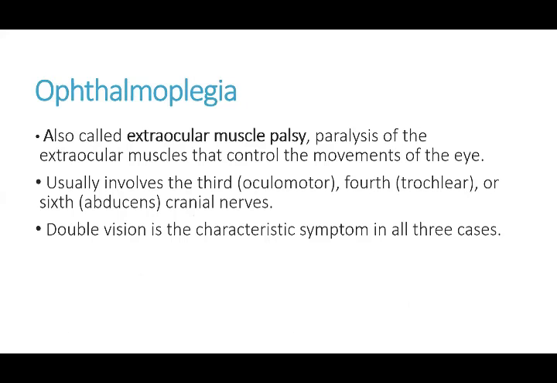Now, the third sign is ophthalmoplegia, also called extraocular muscle palsy. Paralysis of the extraocular muscles that control the movements of the eye usually involves the third, fourth, and sixth nerves. Double vision is the characteristic symptom in all 3 cases.